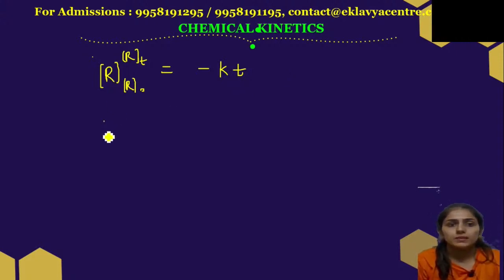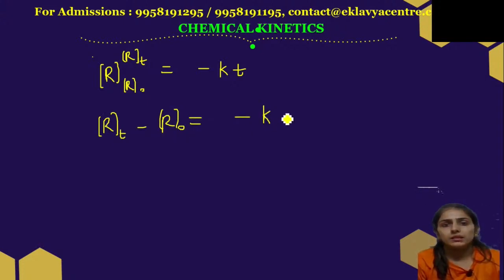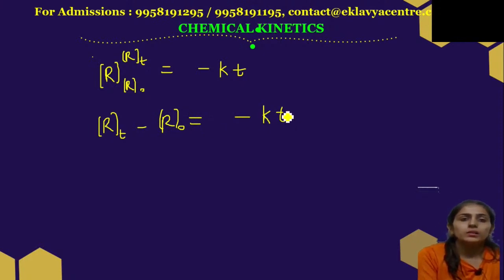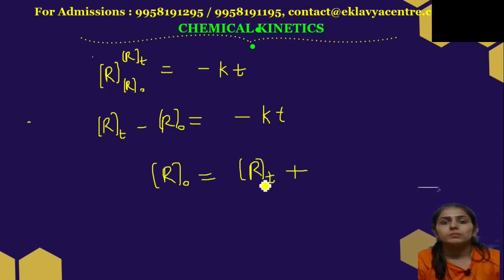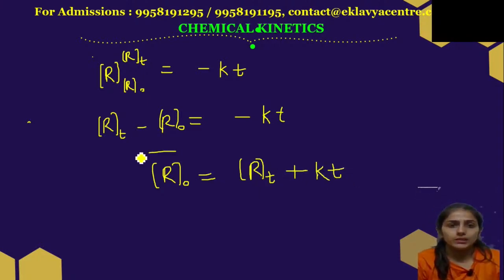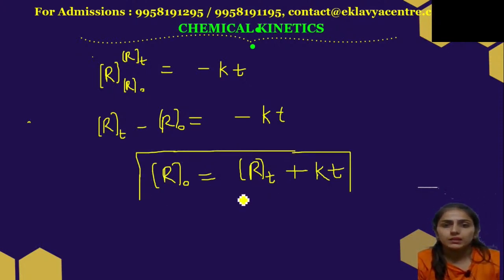So [R]t minus [R]0 equals minus kt. The equation of the zero order reaction is: the initial concentration [R]0 equals the final concentration at time t plus kt, because we know the initial concentration is greater. So [R]0 equals [R]t plus kt.